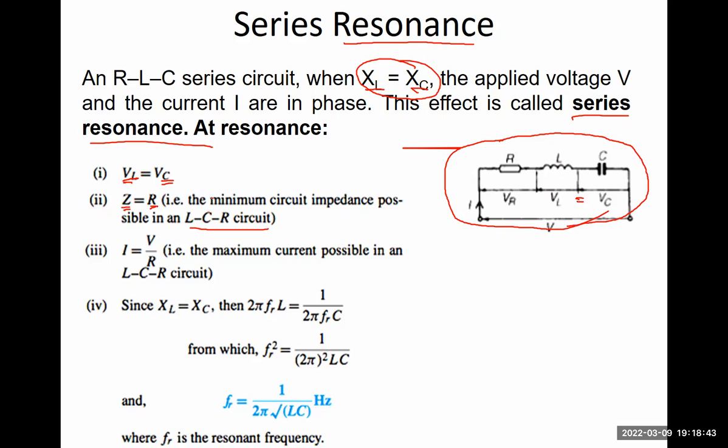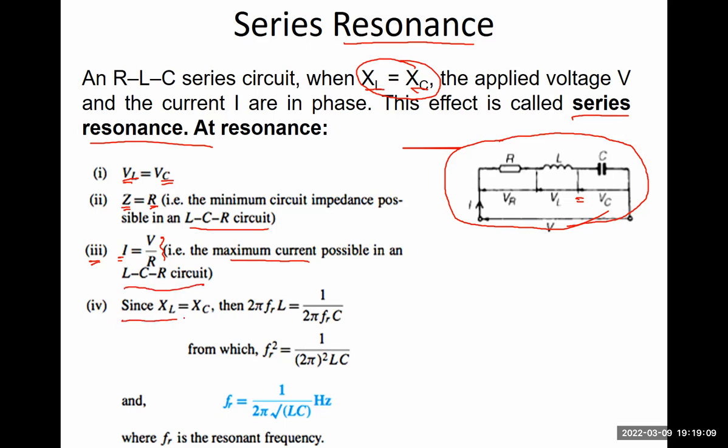For series resonance, to determine the current I, we could make use of the V over R equation, and that is for the maximum current possible in an LCR circuit.